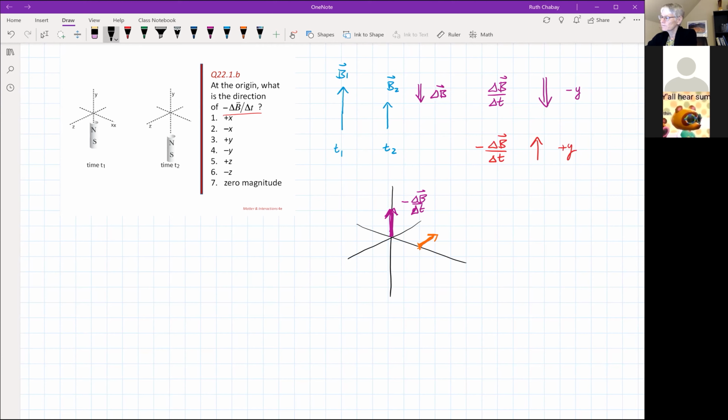This is plus Z, and this is plus X, and this is plus Y. And so here on the Z axis, so this is going to be minus Z. Here on the Z axis, we'd get a plus X. Here on the negative X axis, we'd get a plus Z. And here on the negative Z axis, we'd be getting this minus X.